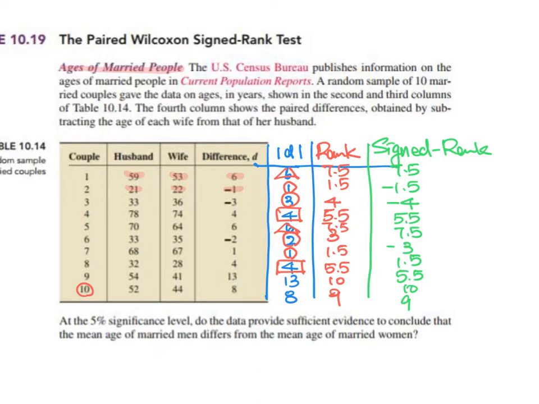Now we apply the 5 steps. Step number 1: we have 2 groups, even though they are paired and dependent, and the null hypothesis is mu1 equals mu2. We have to choose the inequality for the alternative hypothesis. What was the claim?